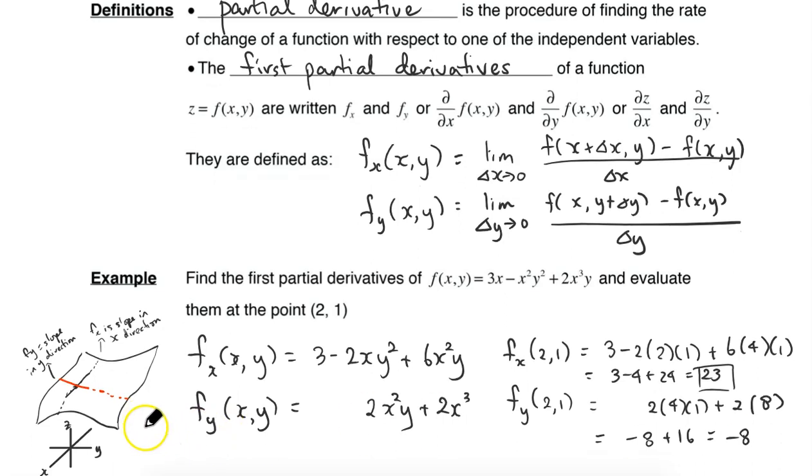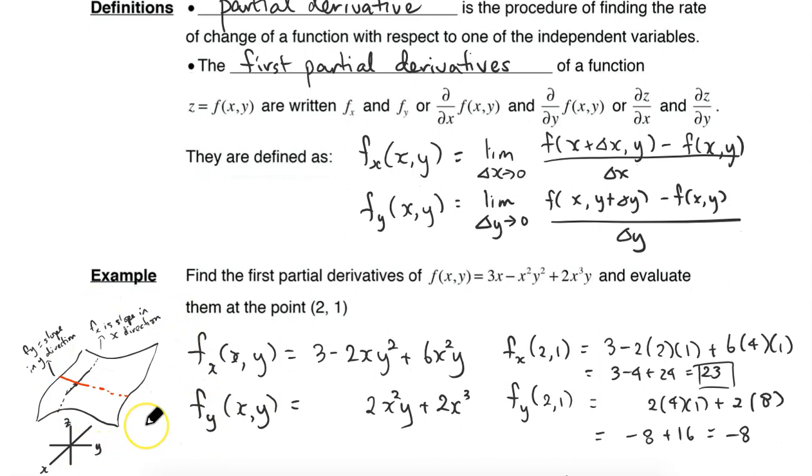So this is a general sketch. It doesn't represent this particular surface, but you have a point right here, and so you can see that if you just fix y as a constant, you actually have a curve. And what is the slope of this curve, or what is the slope of the tangent line at this point parallel to the x-axis, or parallel to the xz plane, to be more precise?